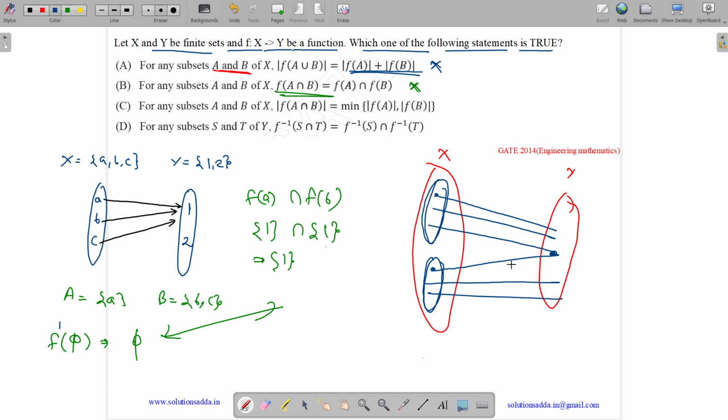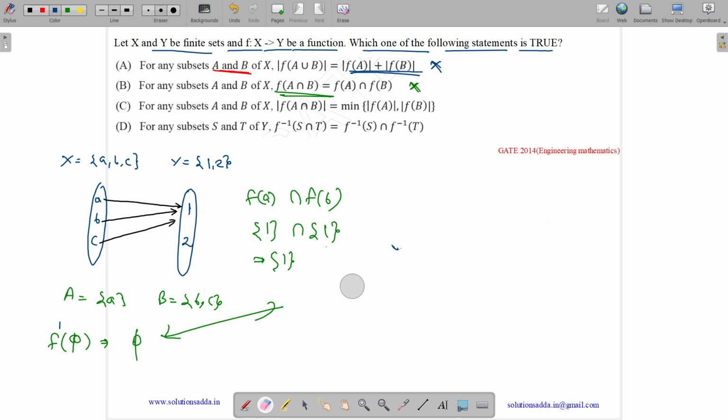So f of A intersection f of B will not be phi, even though A intersection B is phi. f of A and f of B will have a common element, due to this many to one relation, and thus it won't be equal to phi. Thus option B is false.